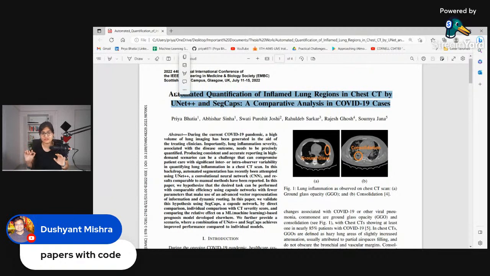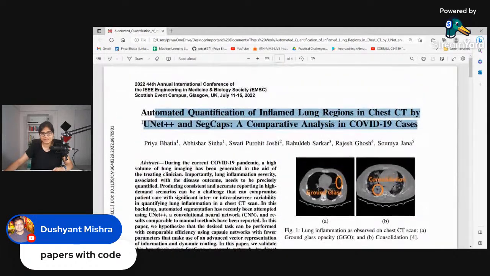I am expecting this. You don't know what the abstract is. We didn't study the introduction. We didn't go through the materials and methods. I am just saying, see this heading, and tell me, what do you think this research paper is all about? Anyone, any guesses?